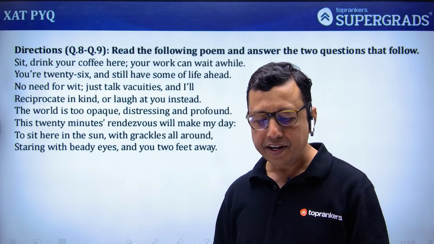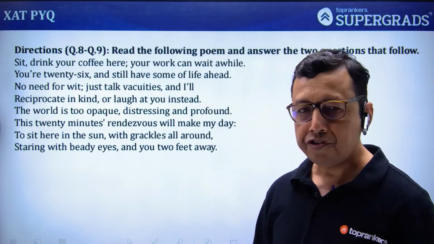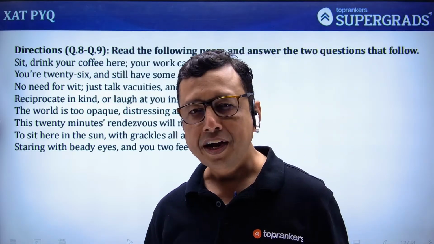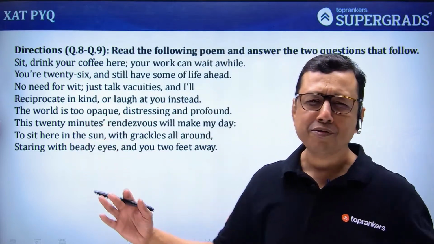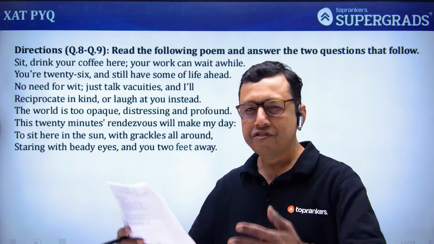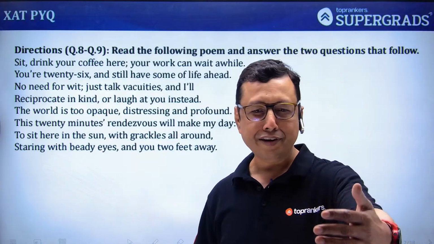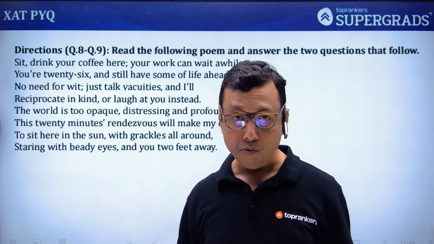To sit here in the sun with grackles all around, staring with beady eyes, and you 2 feet away. And so author actually sets the context for the poem, right? So this is the imagery of the poem. You are sitting 2 feet away. There are grackles, are birds. They're all around, looking at you, and all that.